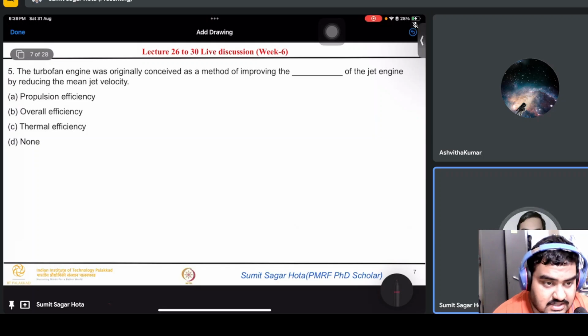Okay, we didn't consider here the thermal and overall efficiency. For any kind of turbojet engines or any turbofan engines, we always first consider the propulsion efficiency.